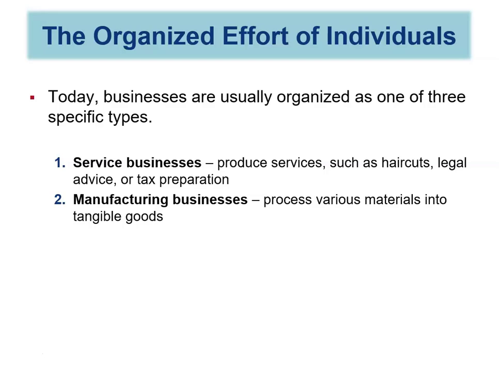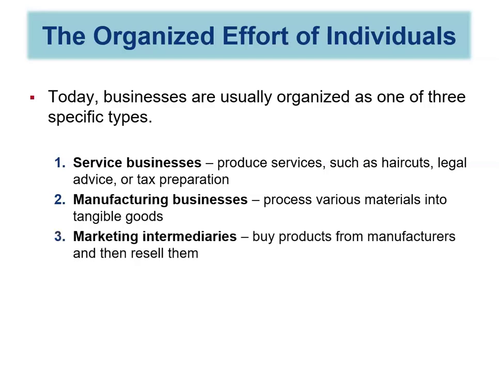Or Blue Buffalo, making those animal products we need for our animals. And then thirdly, we are looking at marketing intermediaries. These intermediaries are going to buy products from manufacturers and then resell them to us, such as Sony Corporation, who buys components from different manufacturers to put a TV together, and then they sell it to us.